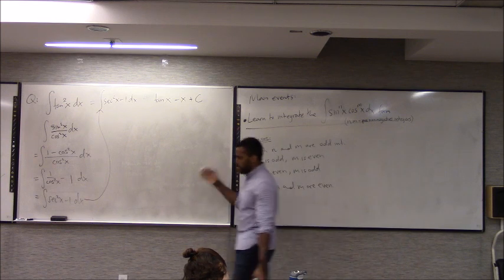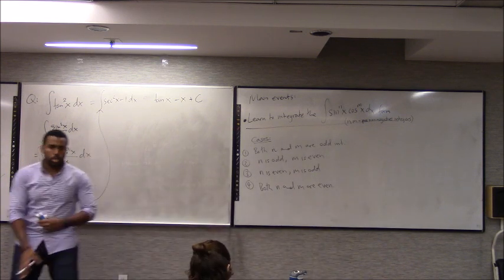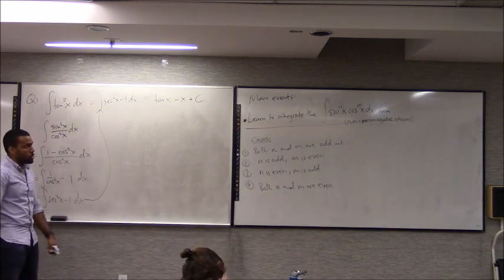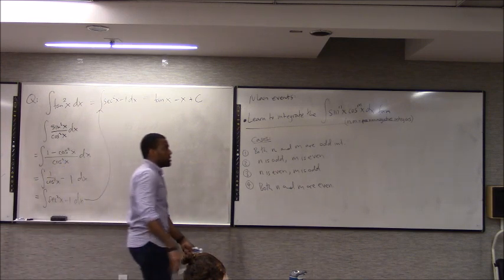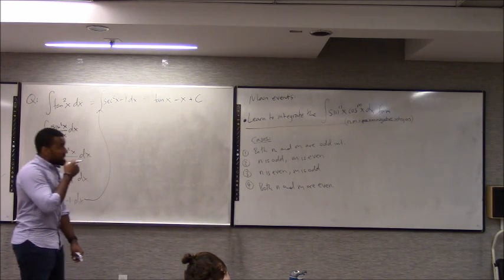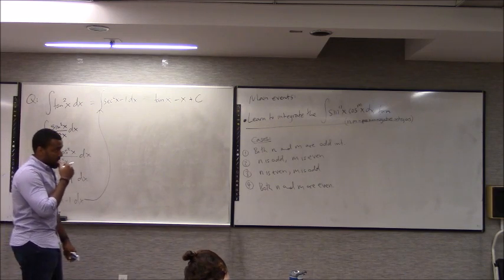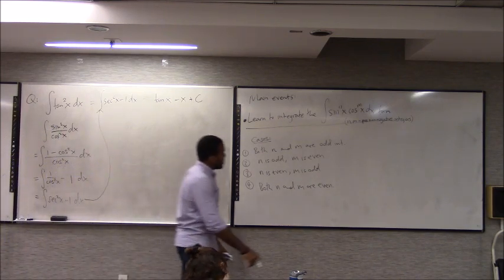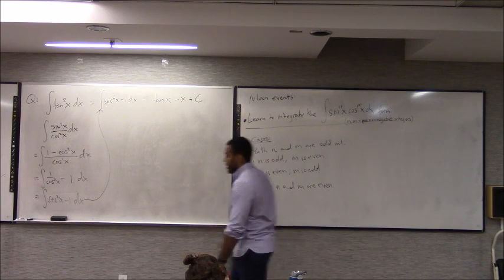Alright, so you might need to be able to integrate like a sine cubed times a cosine squared, or a sine times a cosine, or a cosine to the 5th times a sine to the 9th, or something like that. And we can deal with them in cases. So let's take them one at a time.